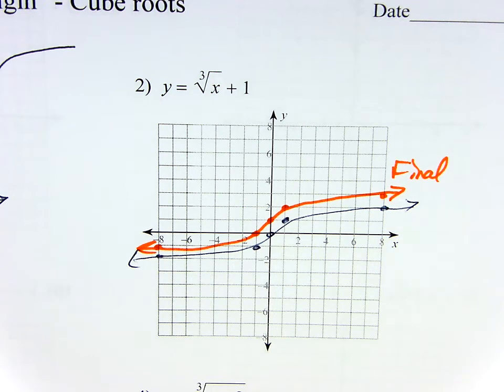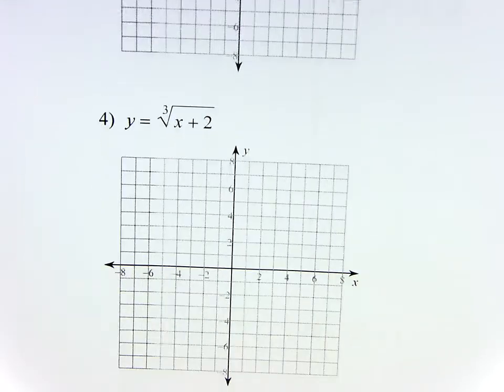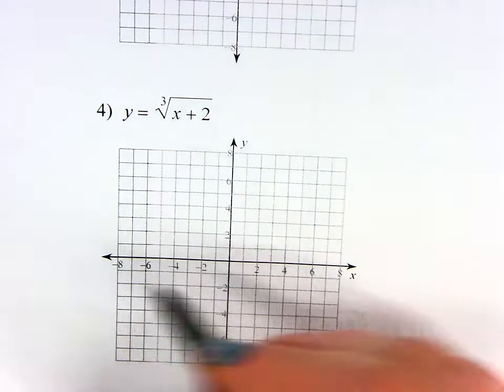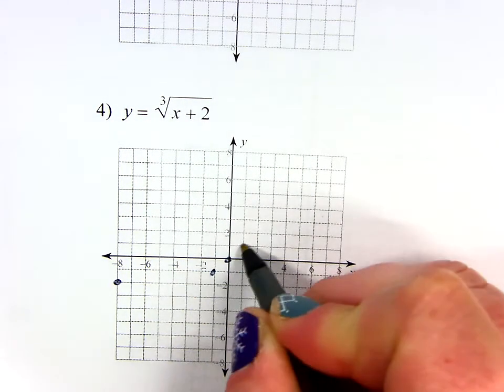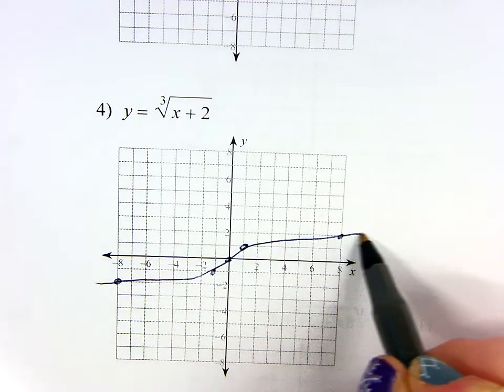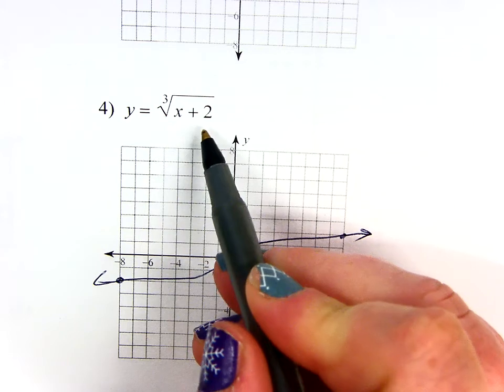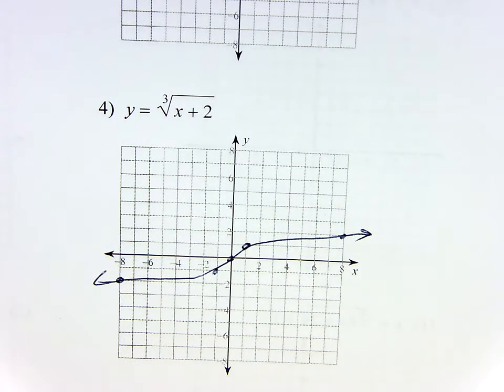Let's jump down to number 4. So again, I like to start with the parent. You don't have to, but I think it's easier. What does a +2 underneath the cube root tell me to do with the whole thing?